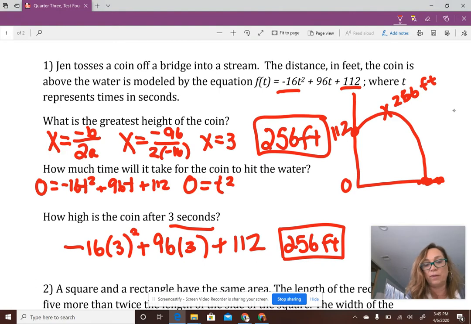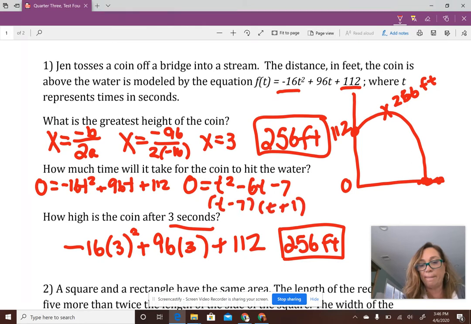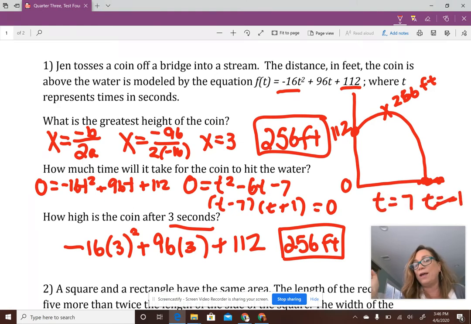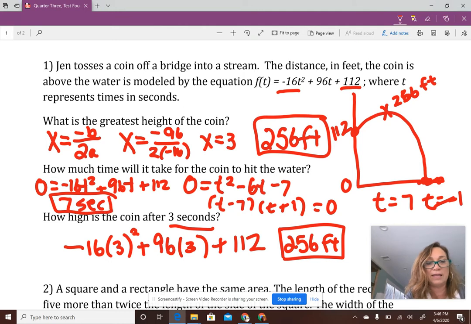If it's factorable, I'm pretty sure it is. Yeah, negative 6t minus 7. So I divided everything by a negative 16. This factors into t minus 7 and t plus 1 equals 0, which gives me t equals 7 and t equals negative 1. The negative 1 gets rejected because time can't be negative, so the correct answer would be 7 seconds. It takes 7 seconds.